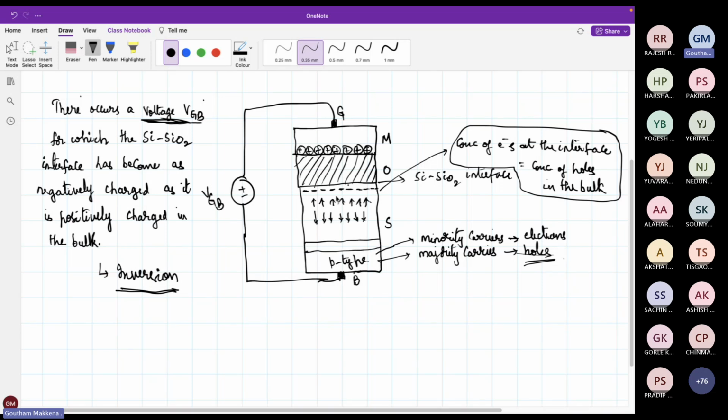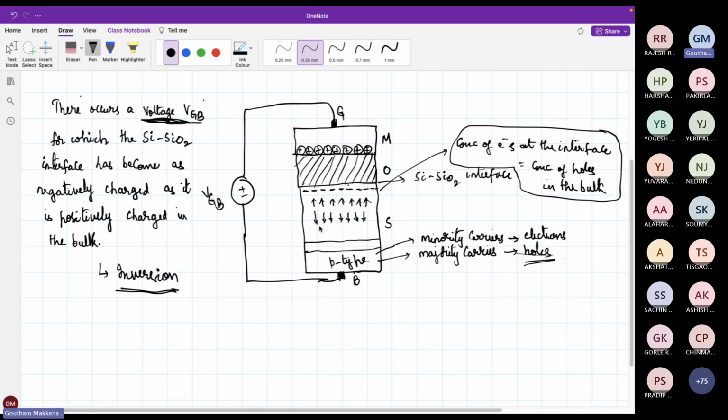What is happening at the interface because of this voltage? This voltage is causing a rush of electrons to the interface, and so many electrons came and sat at the interface that the concentration of electrons is almost equal to the concentration of holes inside the bulk.